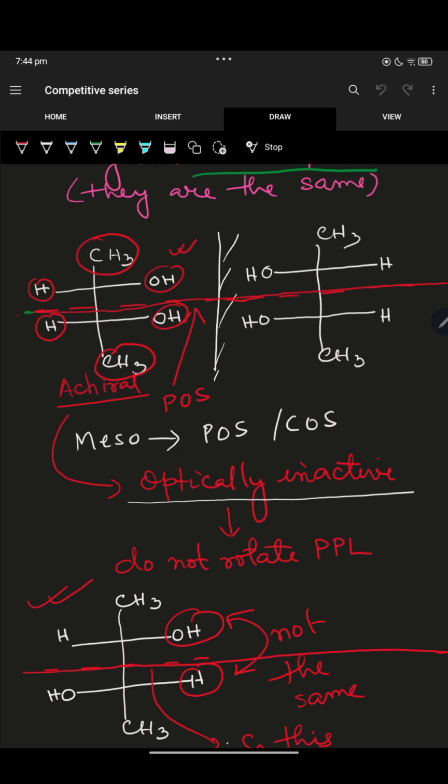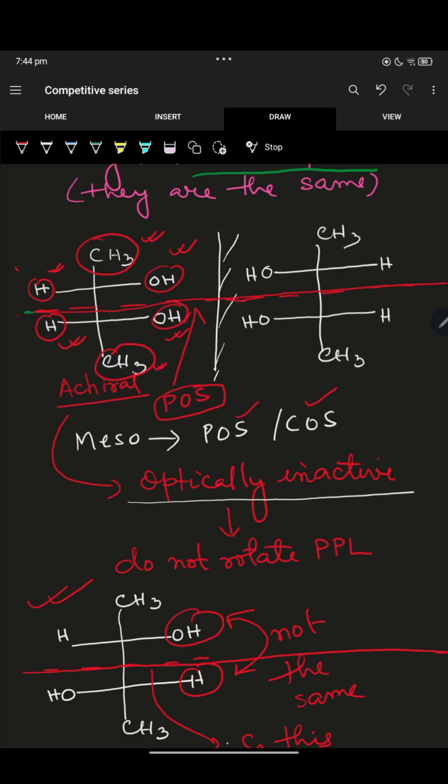Because here it is OH, here it is OH, here it is H, here it is H. Again, you can see this is methyl, this is methyl. So this plane divides the compound into two equal, identical parts. So this is the POS, plane of symmetry. Meso compounds either have a POS or a COS, plane of symmetry or center of symmetry.